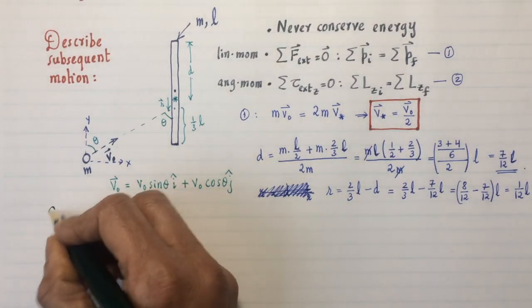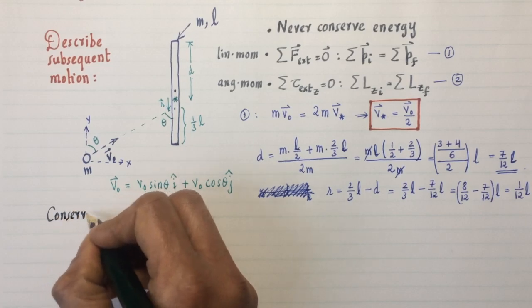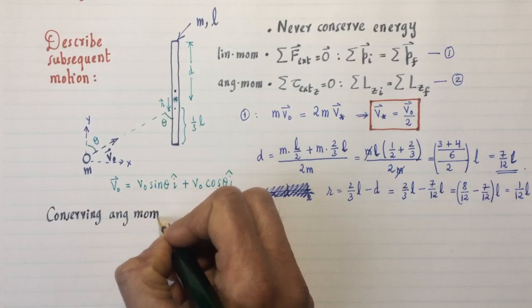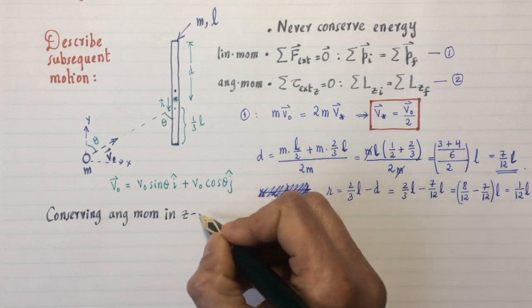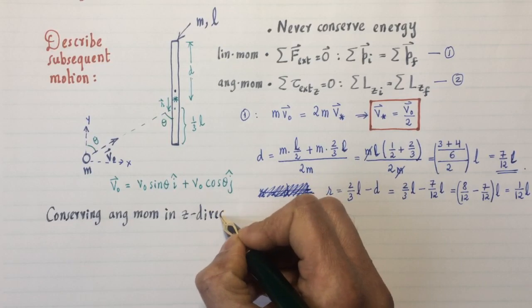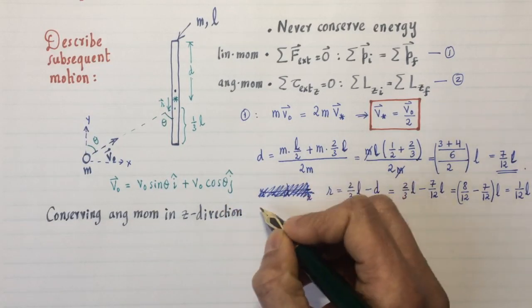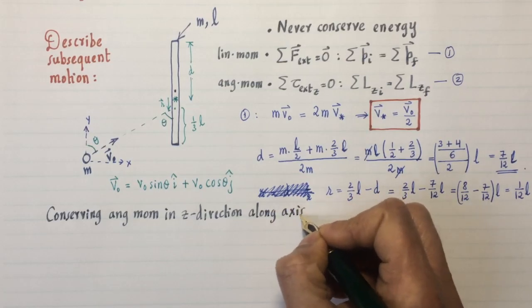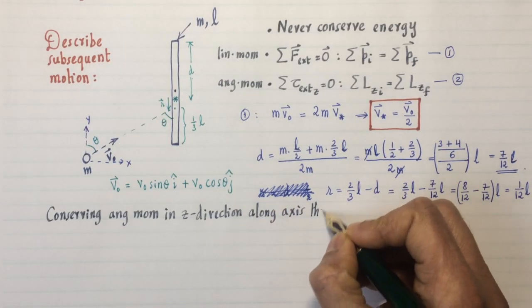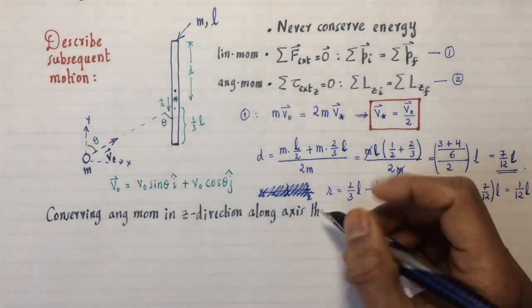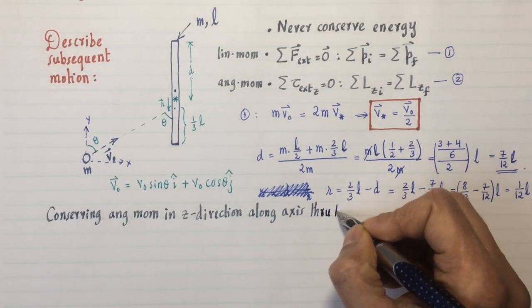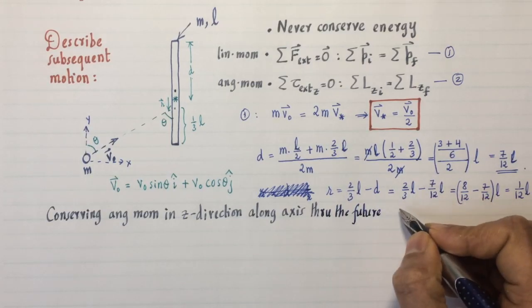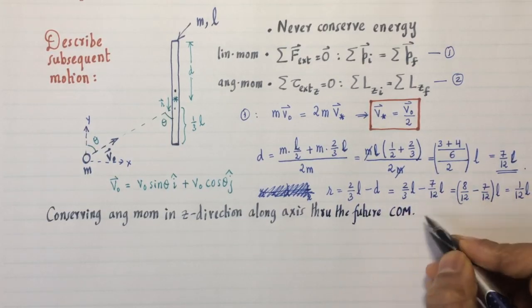I'm going to be conserving the angular momentum in the z direction along the axis passing through the future center of mass, that point star.